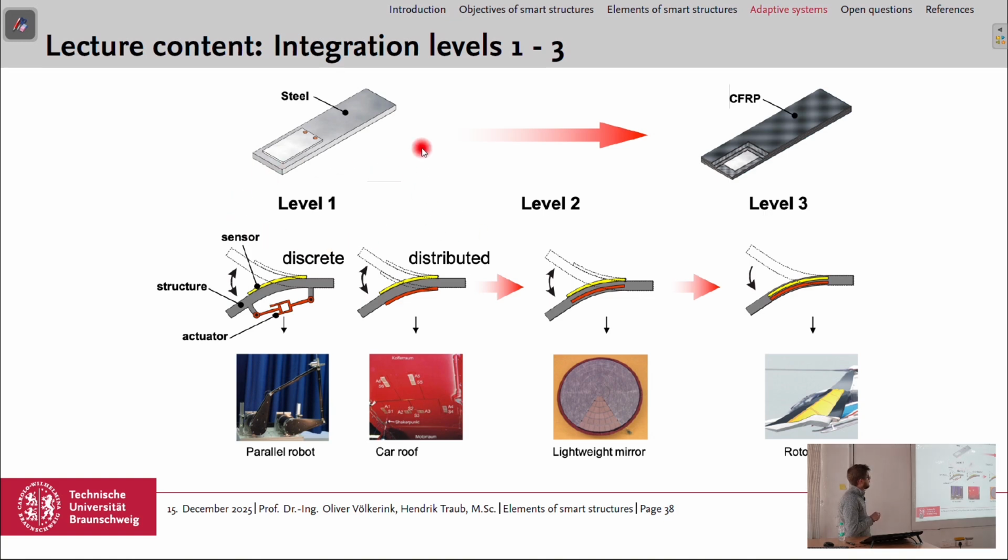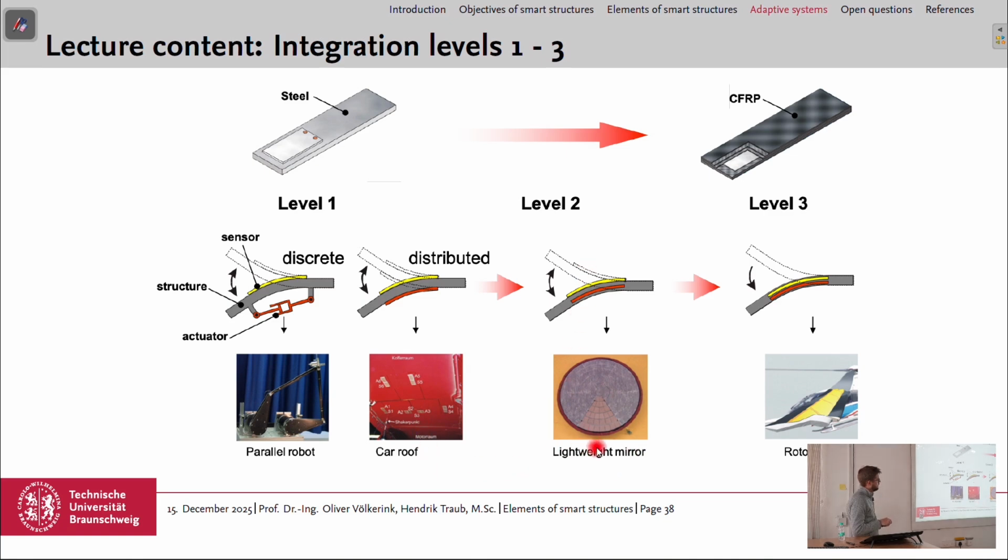So if you have, let's say, a metal structure, you can only apply things. You have the level 1, for example, the parallel robot. And here's also an example of the car roof I showed for noise reduction, where you can see the car roof from inside, which is made from metal with the applied piezo composite transducers.